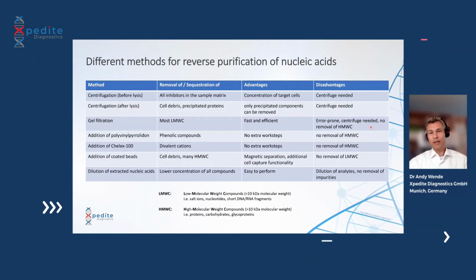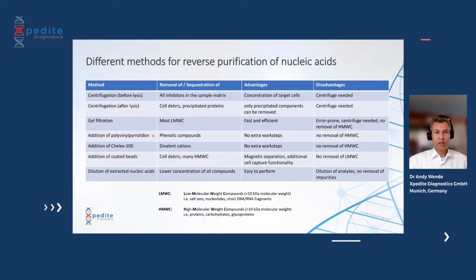And by that, it can only efficiently remove the low molecular weight compounds. Another disadvantage is that you cannot remove high molecular weight compounds. If you look here, what I mean with this is proteins and carbohydrates and also glycoproteins. So all these larger molecules cannot be removed by the gel filtration.